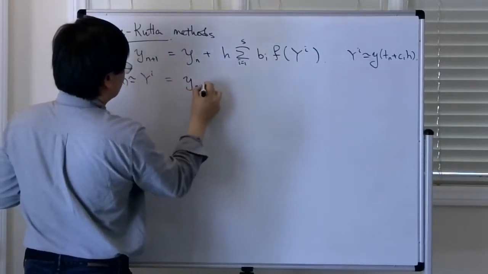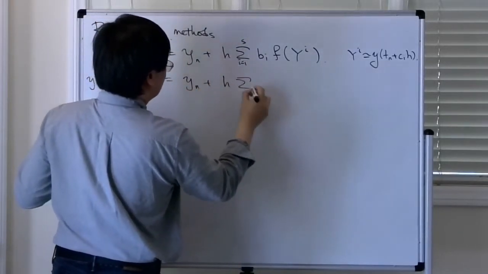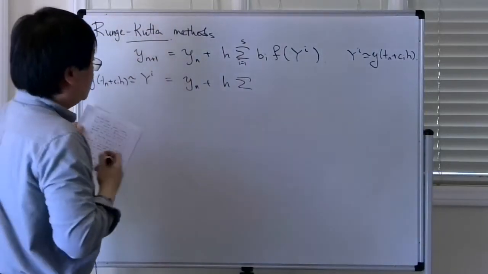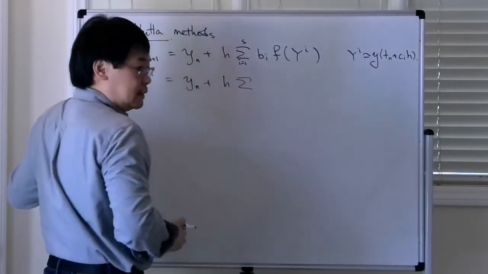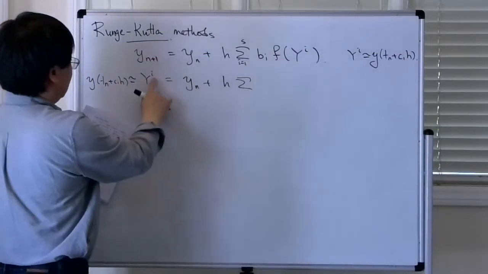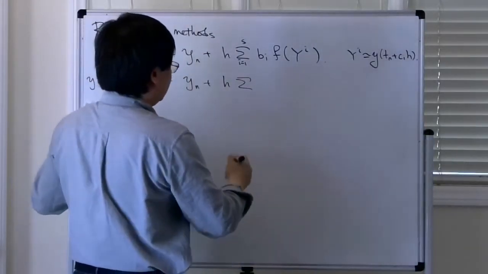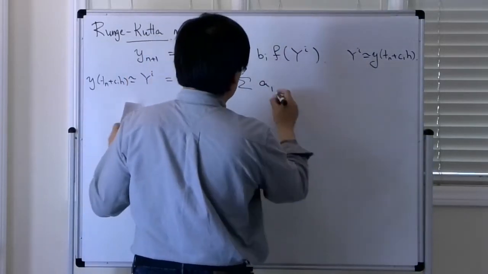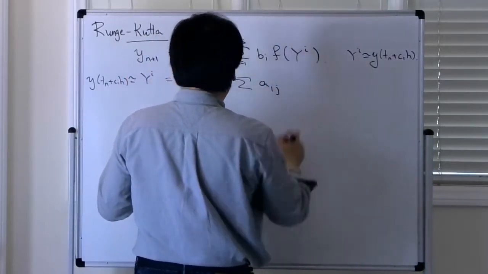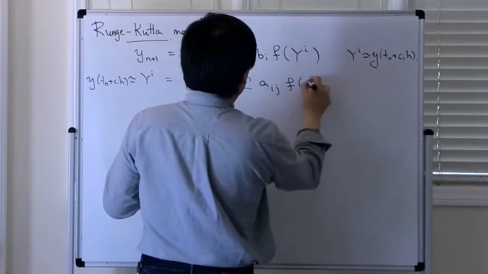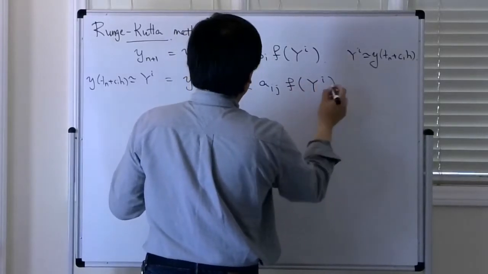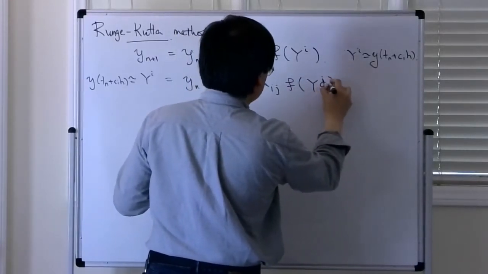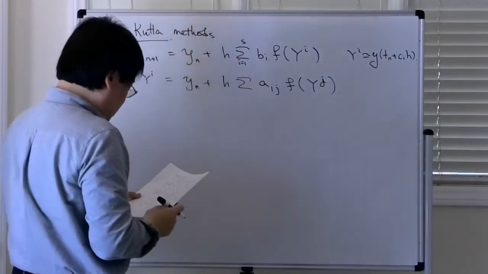So we write this as yn plus h times a sum from a quadrature rule, where the quadrature weights now depend on both the i and j indices: aij f evaluated at the yj's.